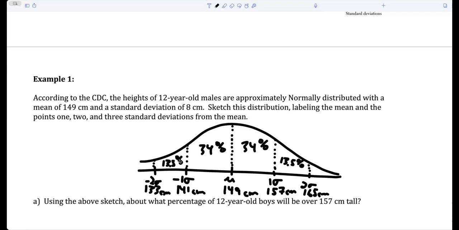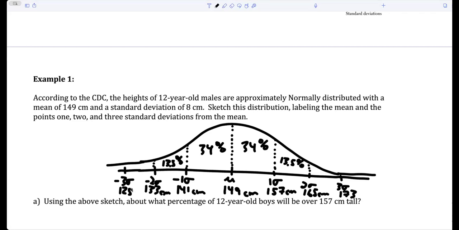And we're going to go out 1 more. Let me extend this just a little bit. So let's say we've got 3 standard deviations and -3. And so I'm going to add 8 to 165. So that would give me 173. And this would give me 125. Okay, and so there is 99.7% within 3 standard deviations.